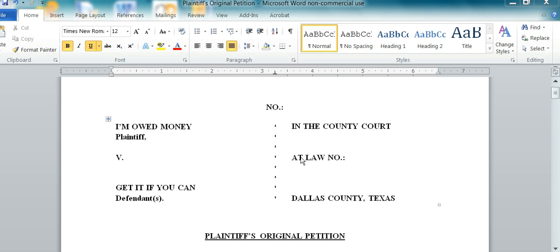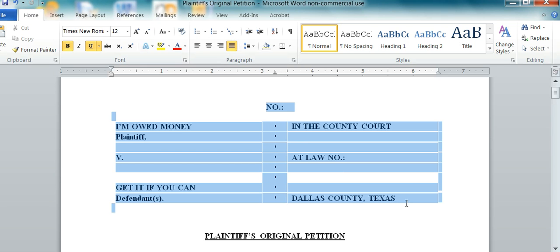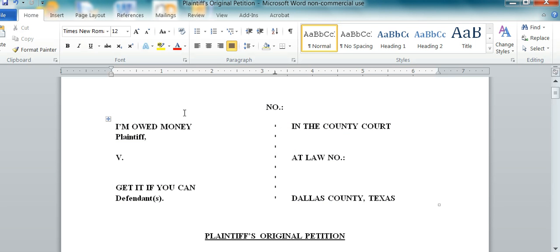The last time we looked at the style of the case. That is, we looked at the information contained on the top of the petition and went through it, and we discussed what each of these particular things mean and what the information that you can understand from looking at each of these particular items in the style.